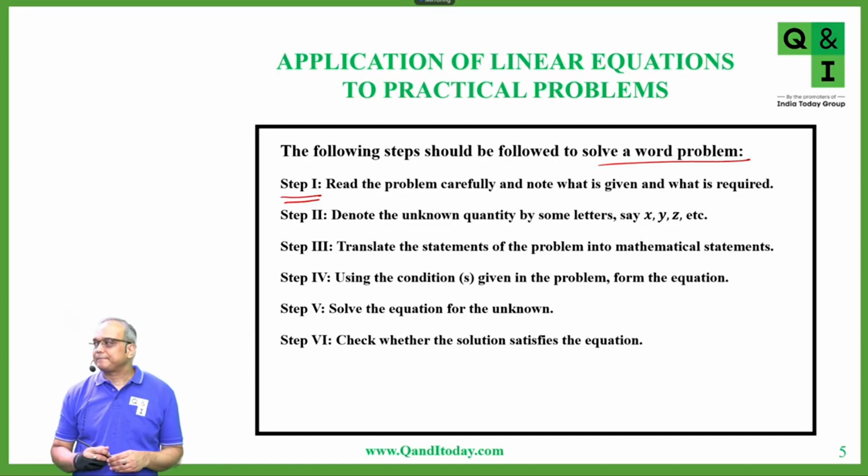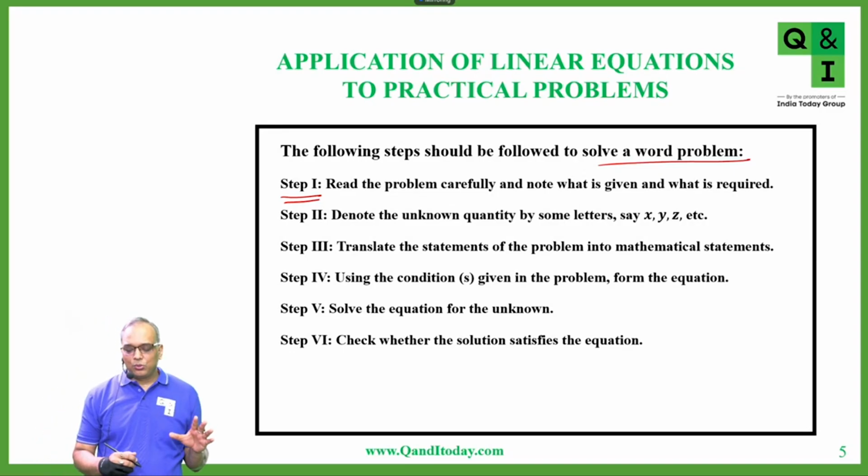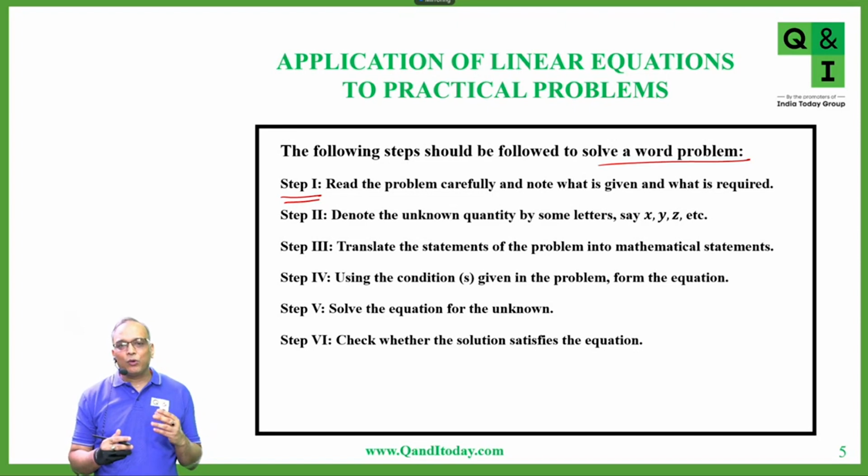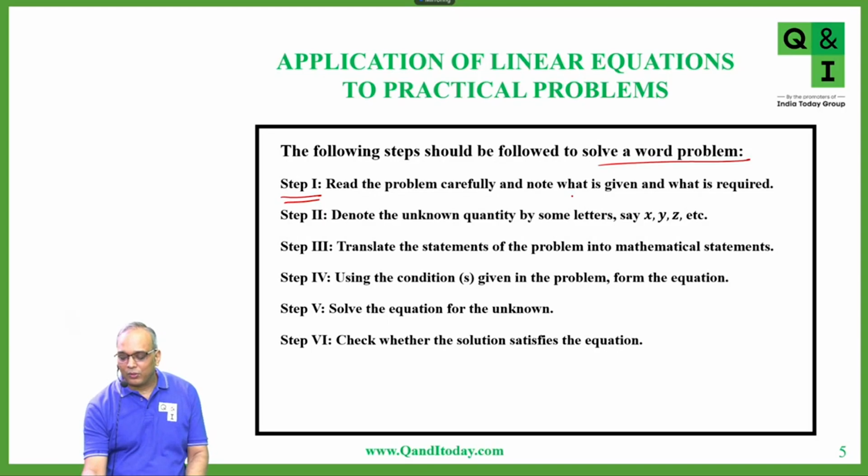So first, you need to read the problem, right? And then write down what is given in the question and what has been asked in the question. So note what is given and what is required.